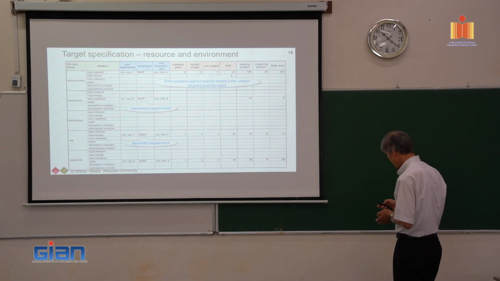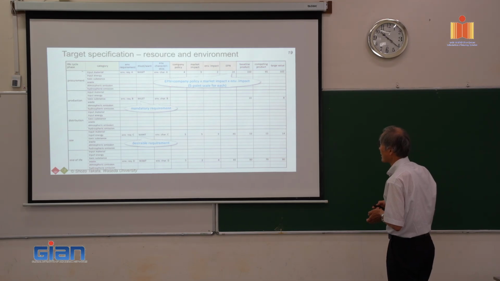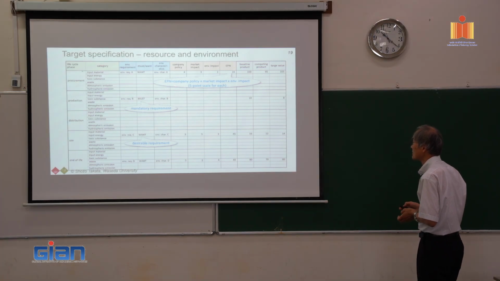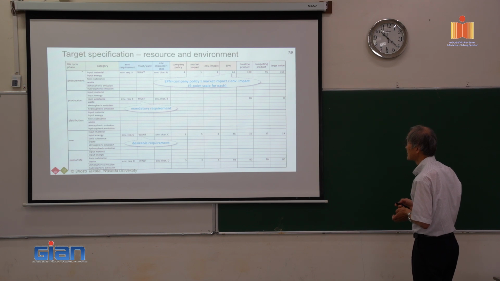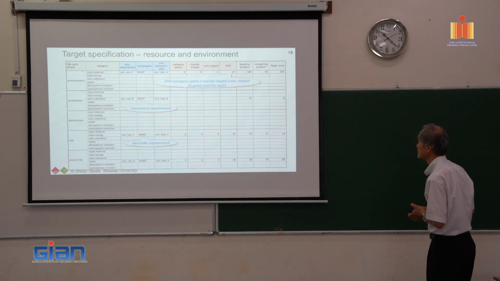You know that EPN means environmental priority number, which is the product of the company policy, market impact, and environmental impact. Each is evaluated by a 5-point scale.